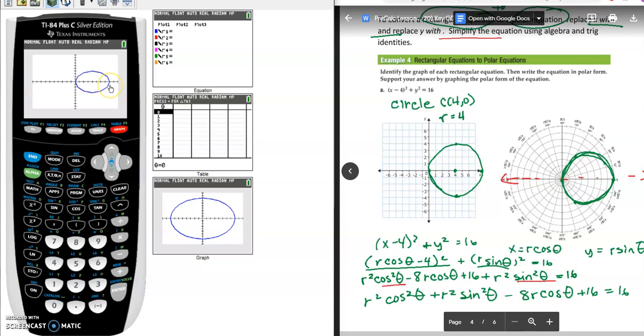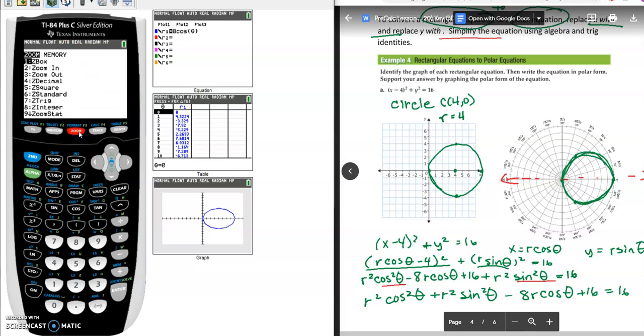Okay, so I know this is a circle, but it looks like an ellipse here, and that's because if you look, your x's and your y's don't have the same spacing. So I'm going to go to zoom, and I'm going to go down to number 5, which says square. That's going to square off our graph. You can either hit 5 or you can cursor down to that.